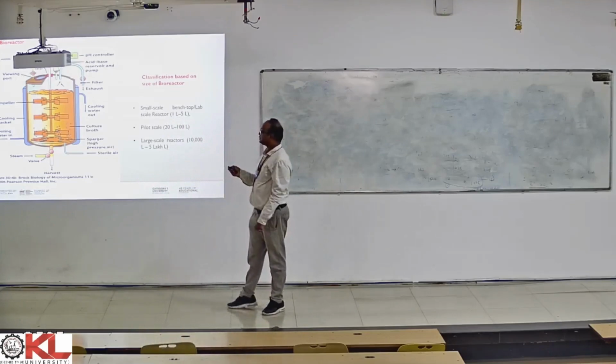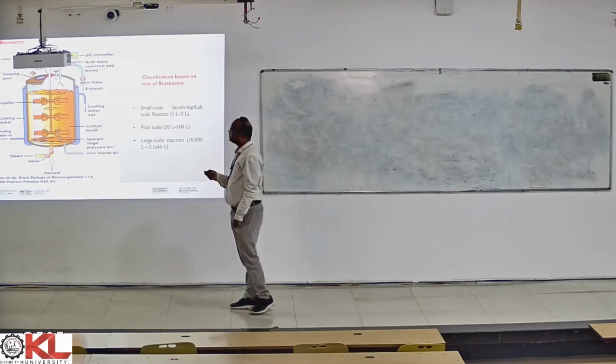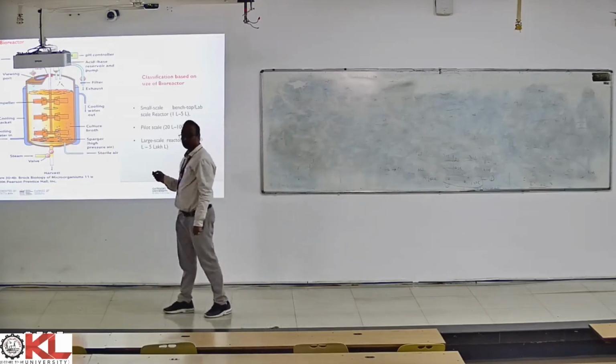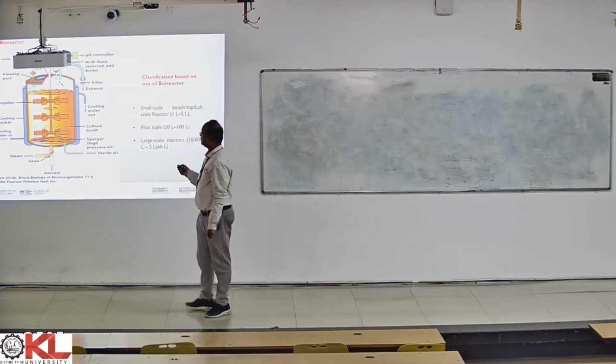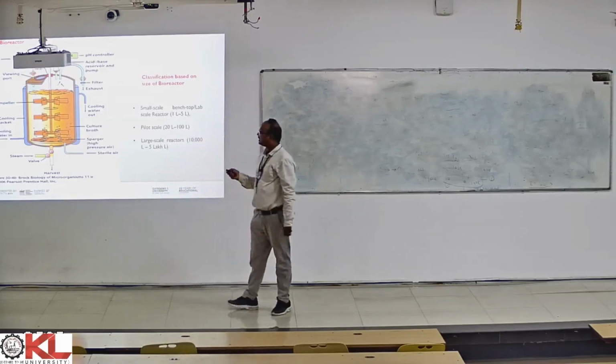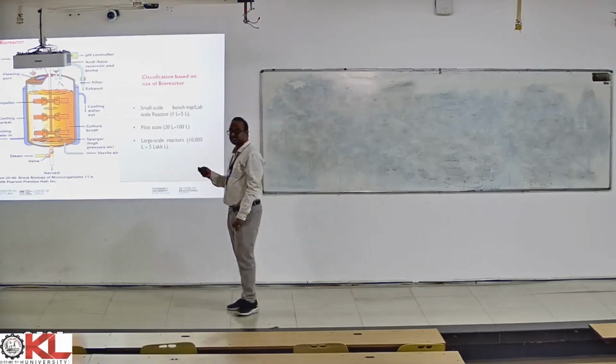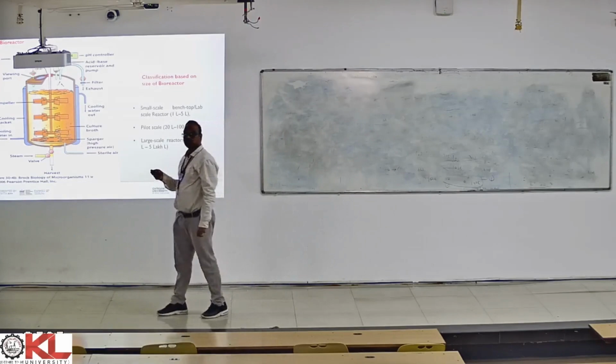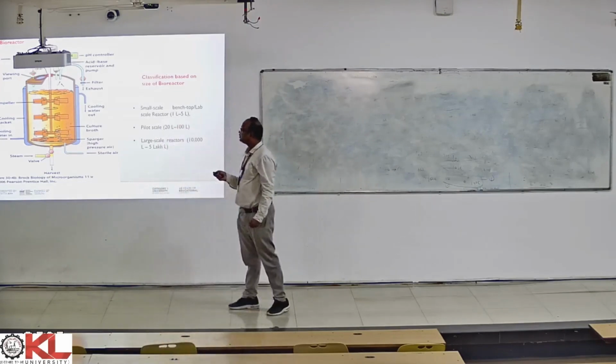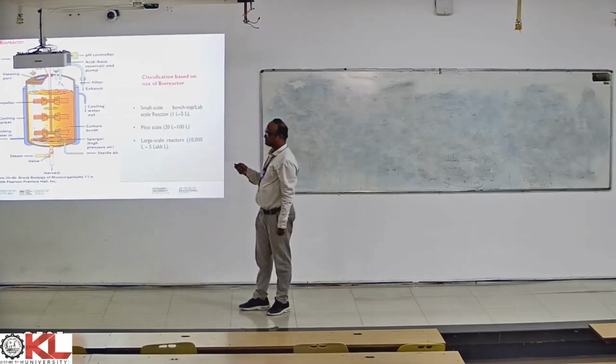We have the top coat, where several accessories are connected. We have majorly a pH probe, a dissolved oxygen probe, and some other accessories to measure the growth rate of microorganisms during the process of growth. We have a motor which is connected to the shaft.